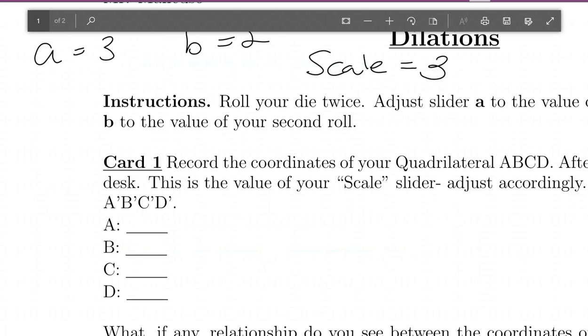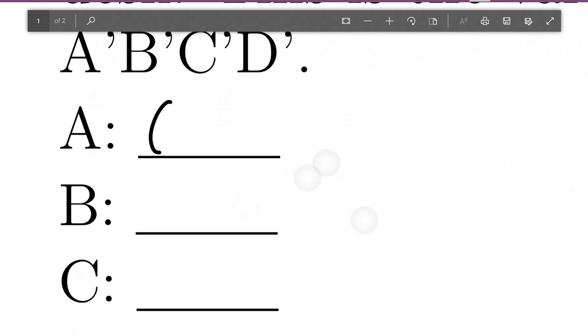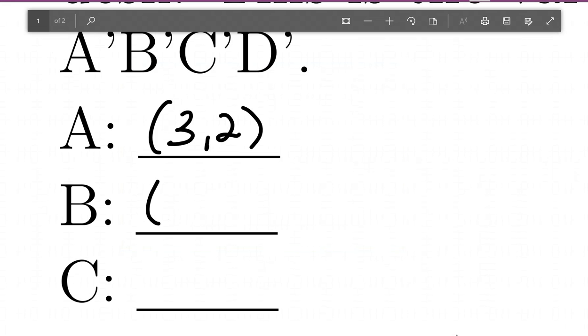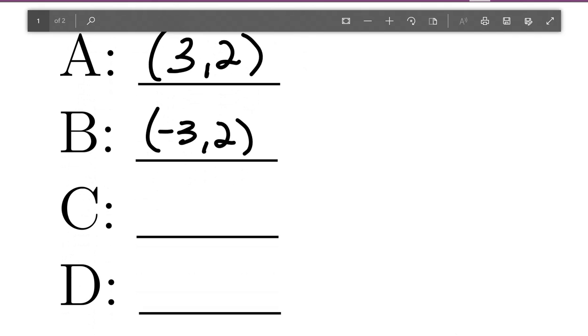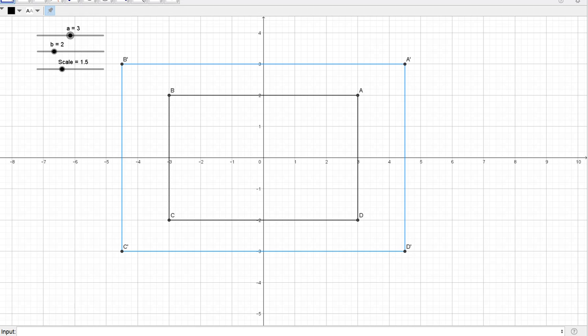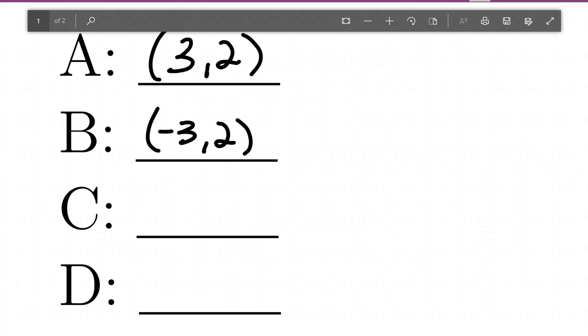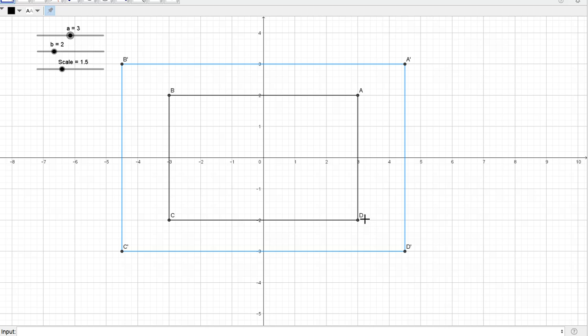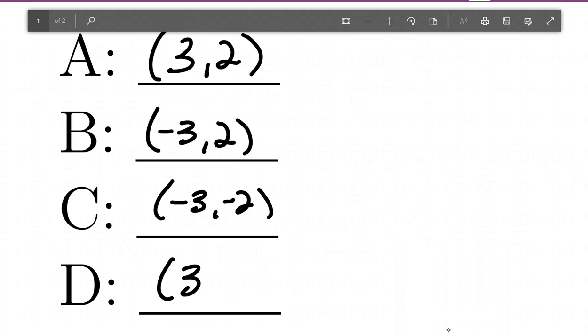So let's go back to our worksheet and write down (3, 2) for A. We can see that B is (-3, 2). C is (-3, -2). And D is (3, -2).